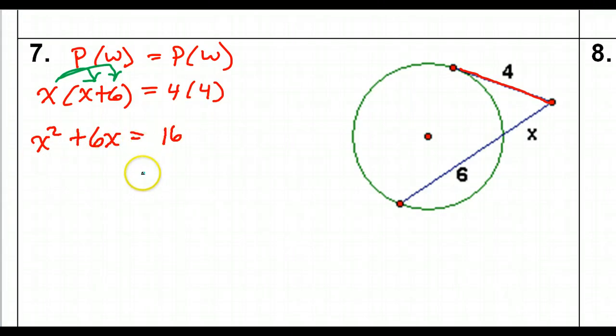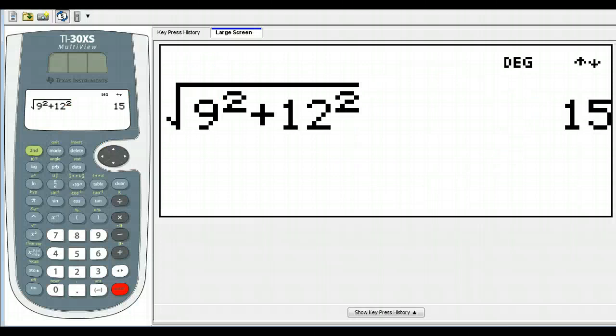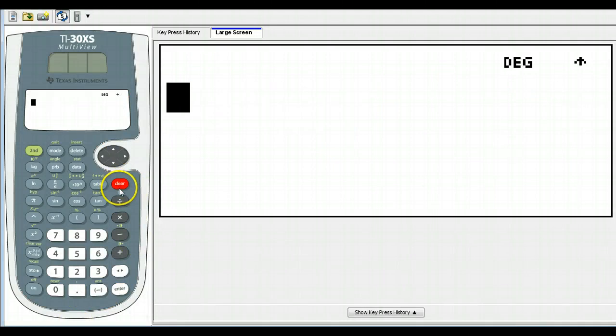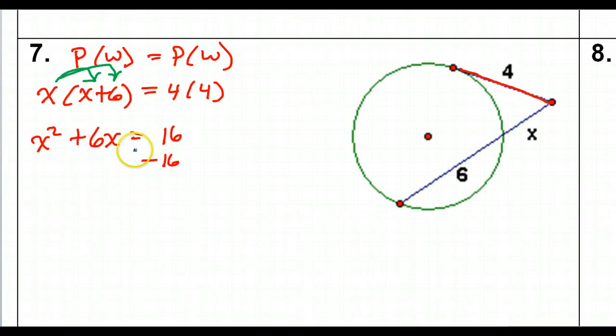You could also factor if you're good at that. Most of my kids have been struggling with factoring, and especially since we have the TI-30XS MultiView, which can handle complex expressions very easily. It really makes it easy to do the quadratic formula.